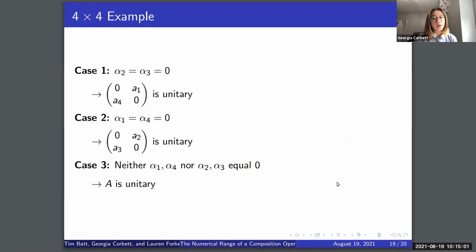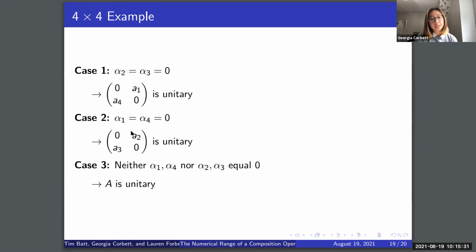For case 1, where alpha 2 and alpha 3 equal 0, we are left with the A1, alpha 1, A4, and alpha 4 terms. Because of that, we can go back to the 2 by 2 case, and prove in a similar way that a block in the matrix representation and a block in the matrix A is unitary. The same can be said for case 2, where alpha 1 and alpha 4 equal 0.